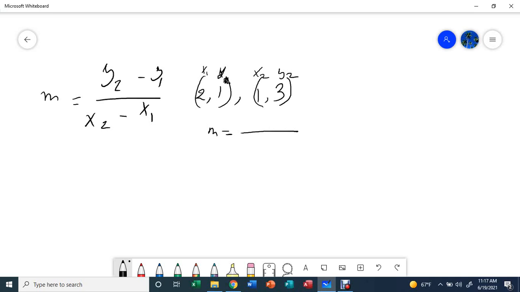So if we label 3 as y2, x1 should be x2. Now y2 minus y1 gives me 3 minus 1, and x2 minus x1 is 1 minus 2. So I get 3 minus 1 is 2, and 1 minus 2 is negative 1. So the slope is negative 2.